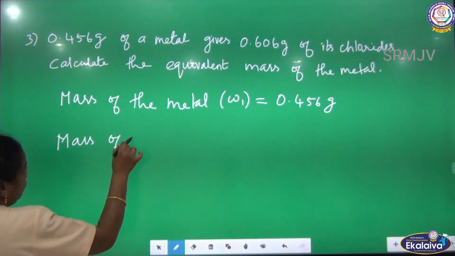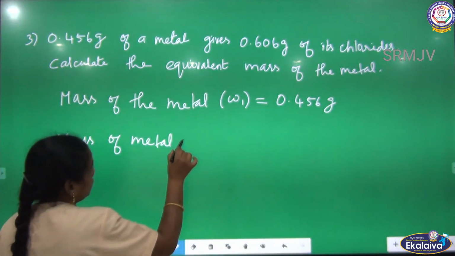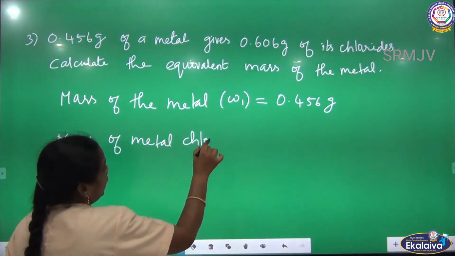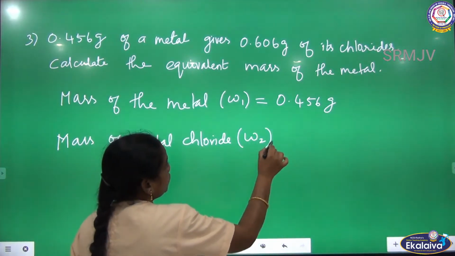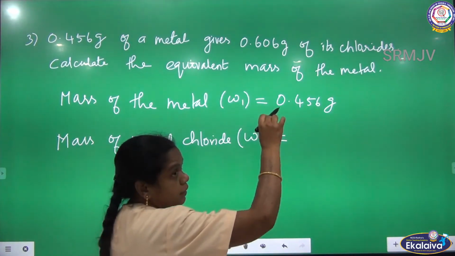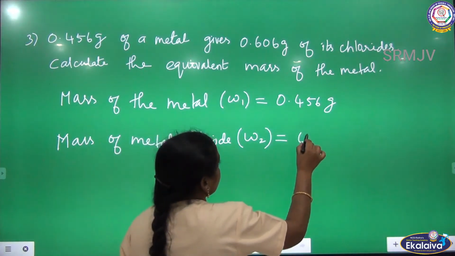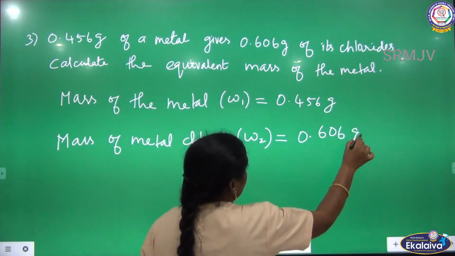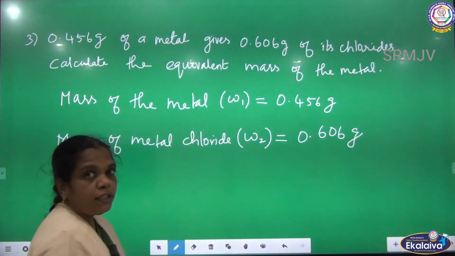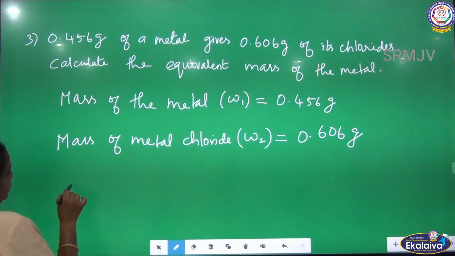So the mass of metal chloride is taken as W2. What is this mass of the chloride? Metal chloride is given as 0.606 gram.